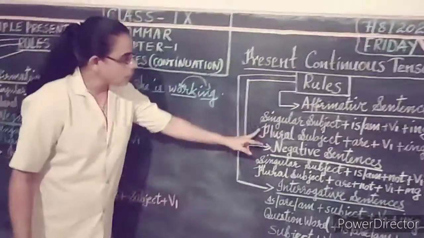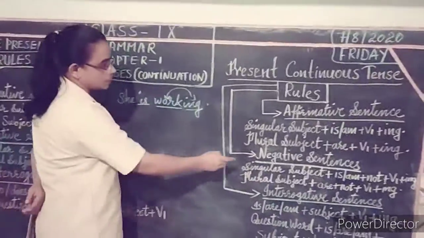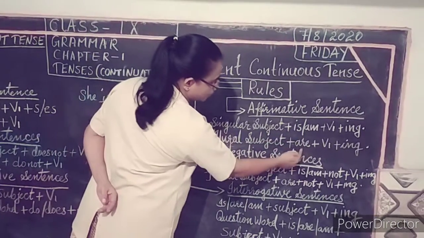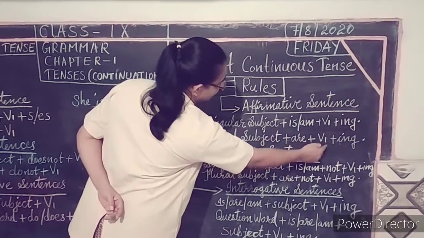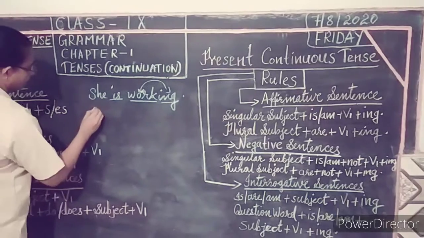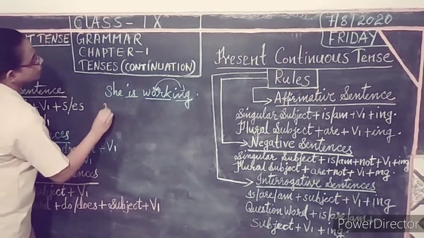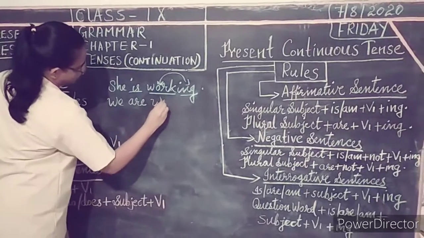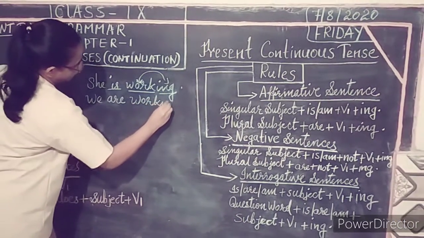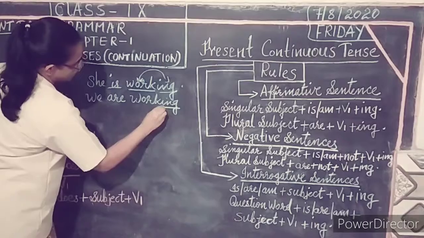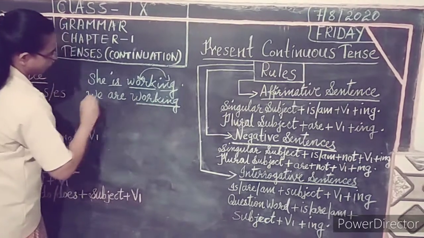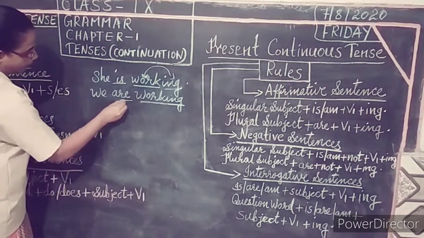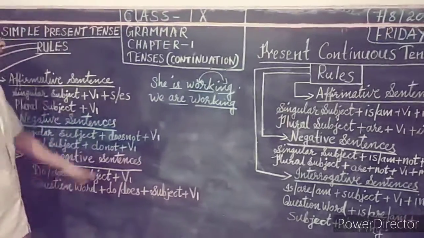And what about the plural subject? For a plural subject, instead of is and am, we use are and then verb 1 plus ing. We are working. See the ing form of the verb along with the verb 1 and the plural auxiliary verb.